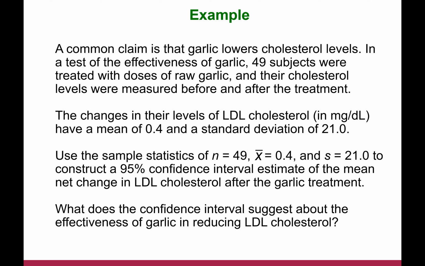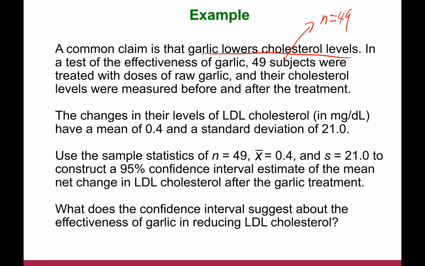So let's take a look at an example. A common claim is that garlic lowers cholesterol levels. In a test of the effectiveness of garlic, 49 subjects were treated with doses of raw garlic, and their cholesterol levels were measured before and after the treatment.